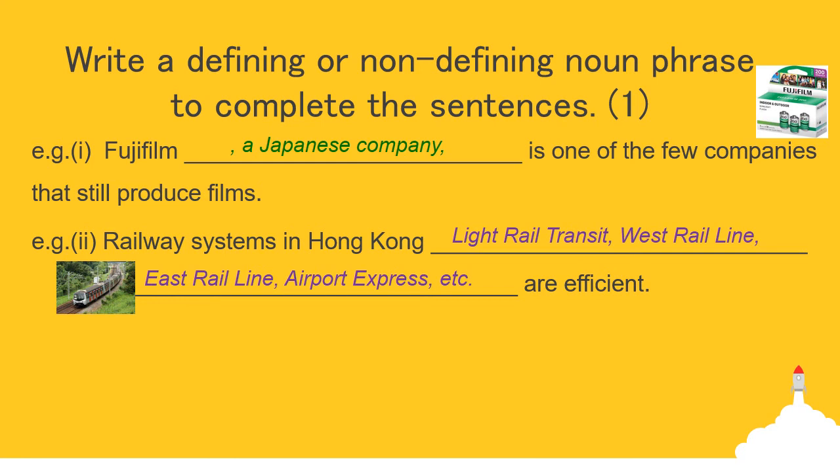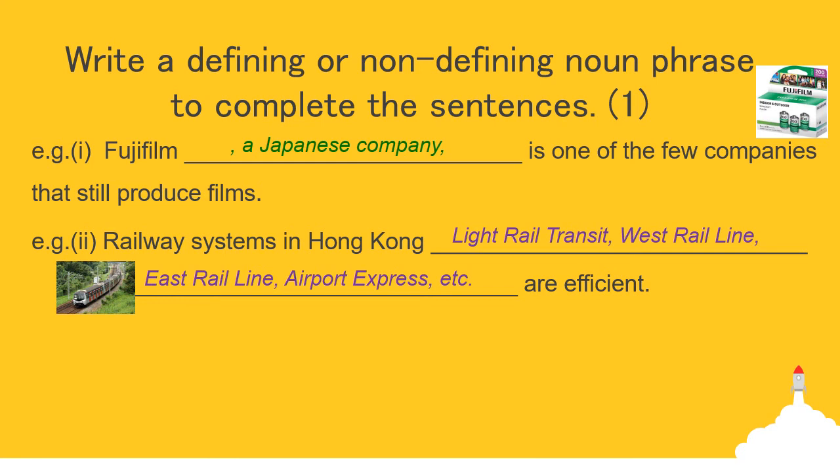So you see here a Japanese company. There is a comma before the noun and another after the noun phrase. These two commas are actually important signs or important hints, okay? That tells you it is a non-defining noun phrase.